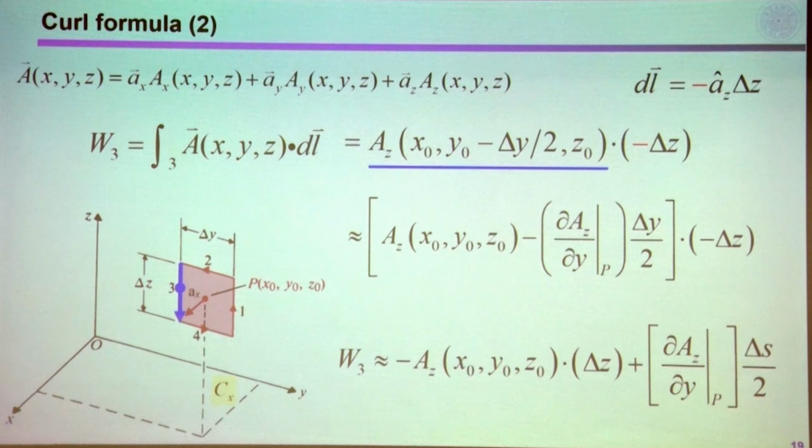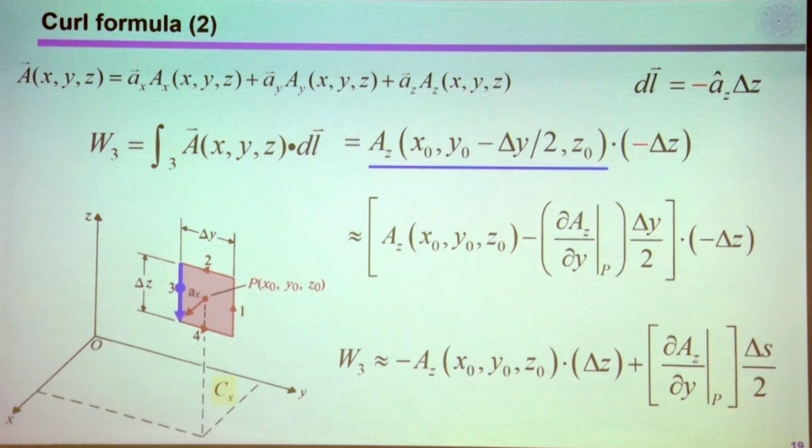So basically, the work done when you take segment number 1 has a positive AZ, plus a positive partial differentiation. As you take segment number 3, the first contribution has a negative sign.